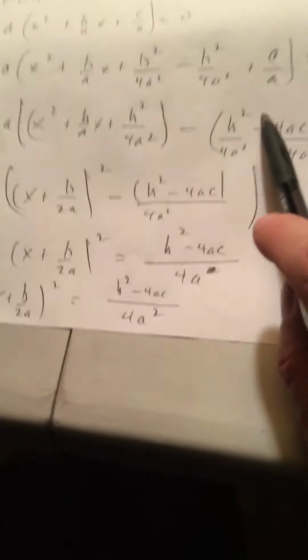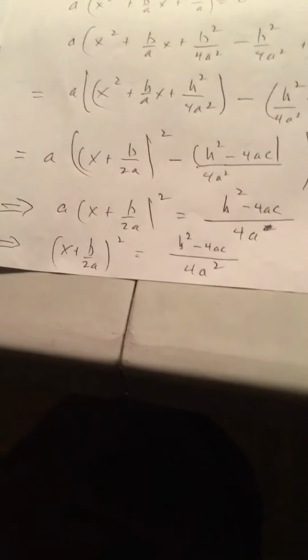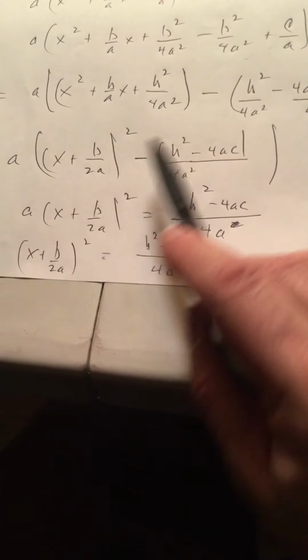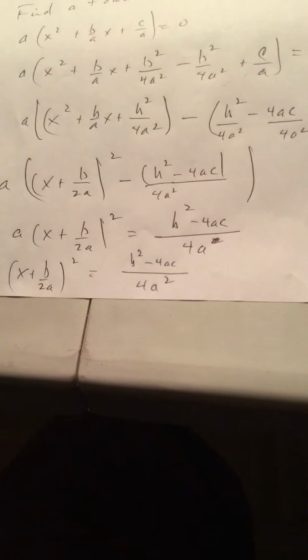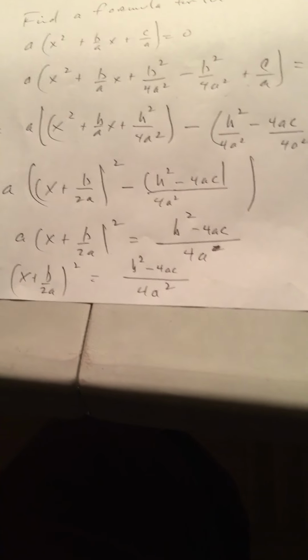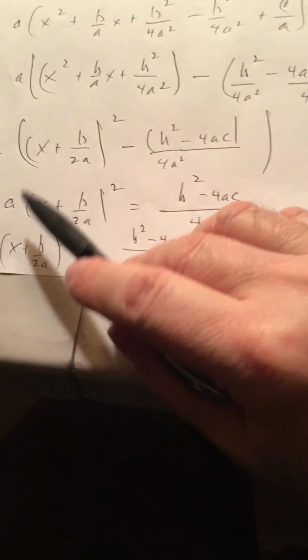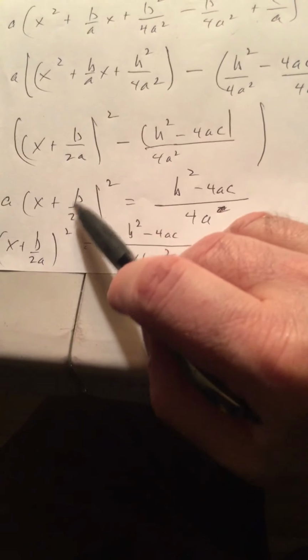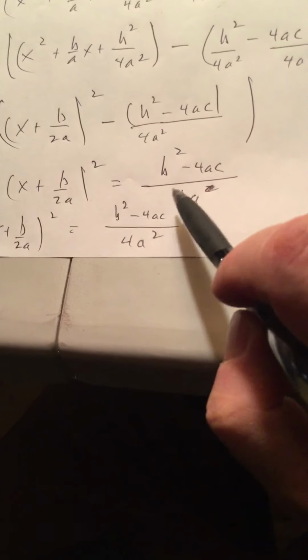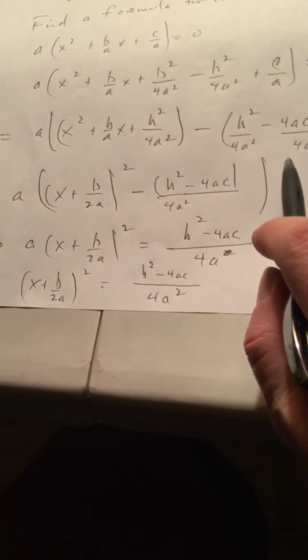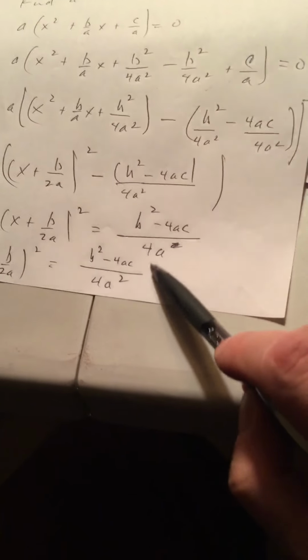Okay. Now, if we multiply through by a and put this term on the other side, this will become a times x plus b over 2a quantity squared equals b squared minus 4ac over 4a. Because remember, we've multiplied through by the a, so the 4a squared becomes 4a.